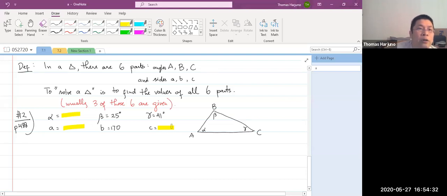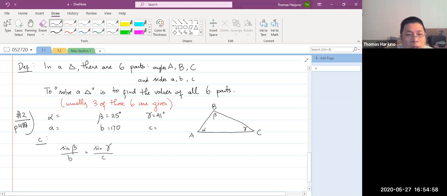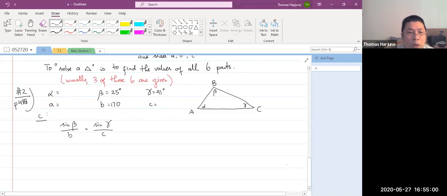What can we do first here? Actually, we can do two things. I can find angle A and I can find side C, but let me do side C first. What is side C? Then I use law of sines: sine beta over B equals to sine gamma over C. Write the formula first and then plug in numbers.